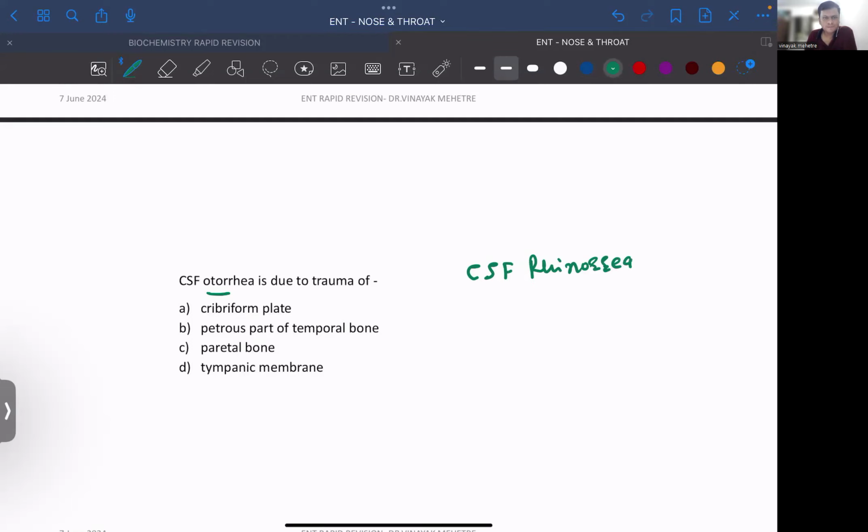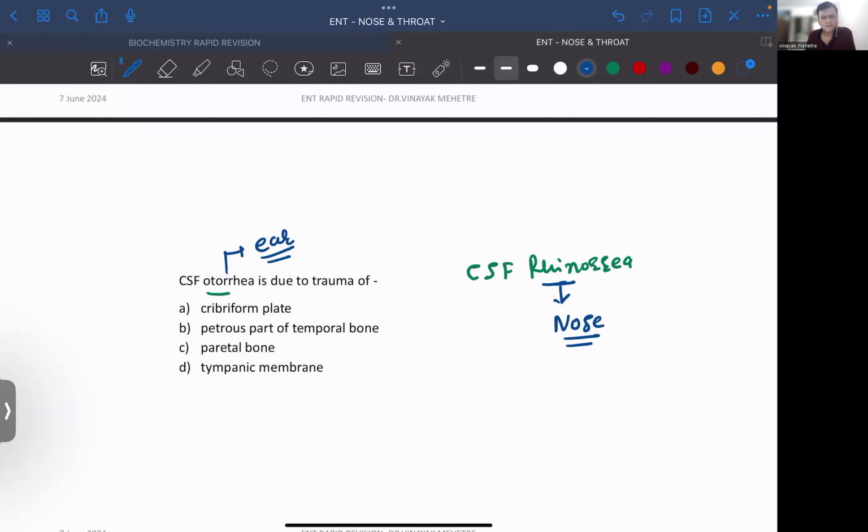This is called mind games. CSF otorrhea. CSF rhinorrhea. Now tell me, oto means what? Rhino means nose. So you have answered wrong.